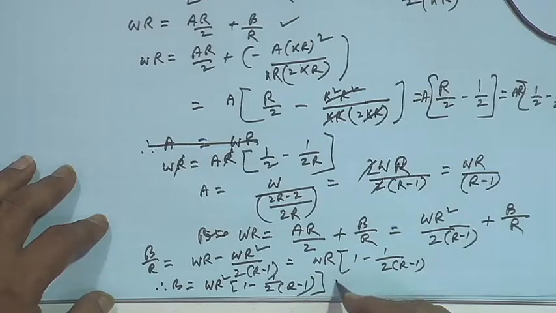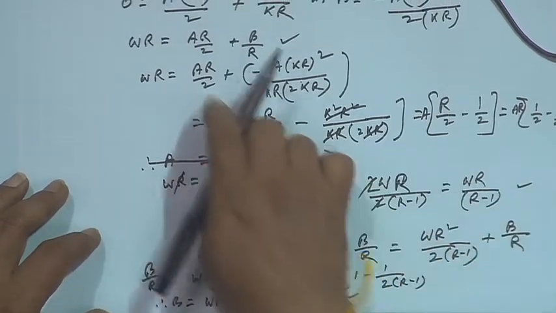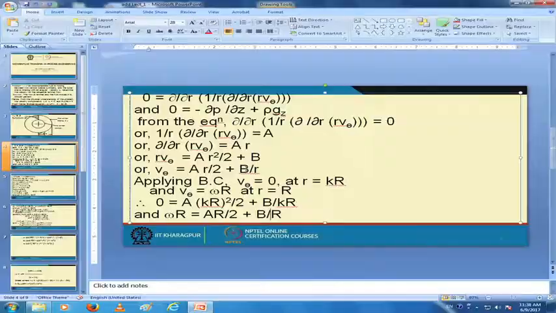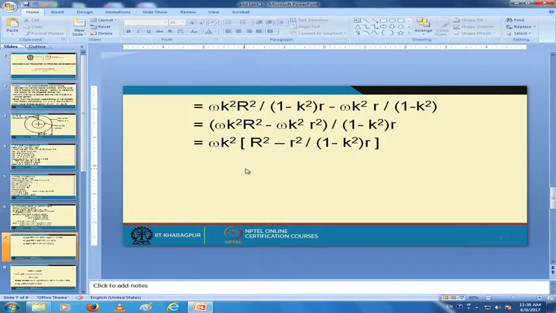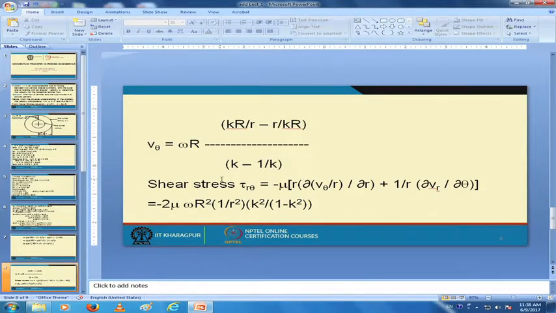So, we know A, we know B, then we can substitute, and by doing that we get this solution.